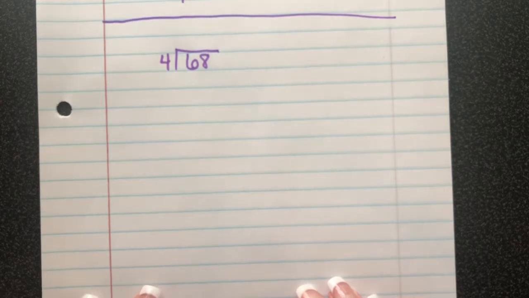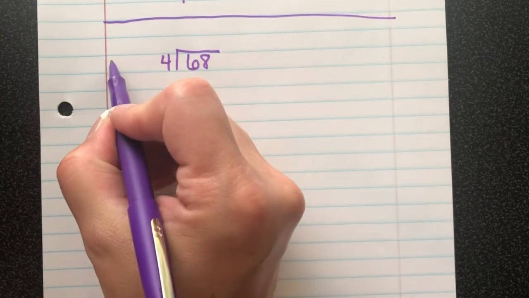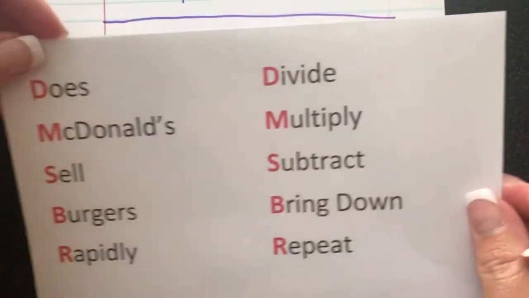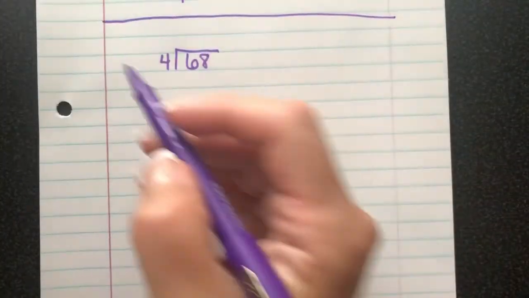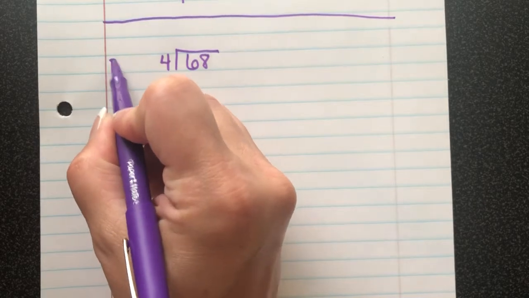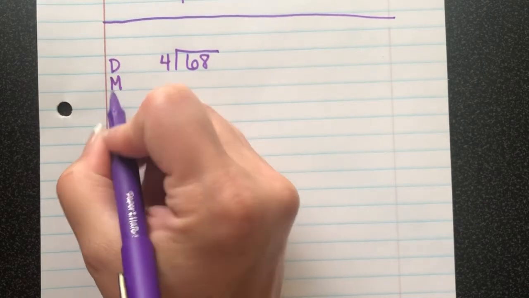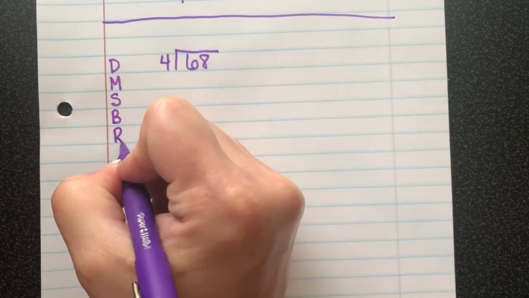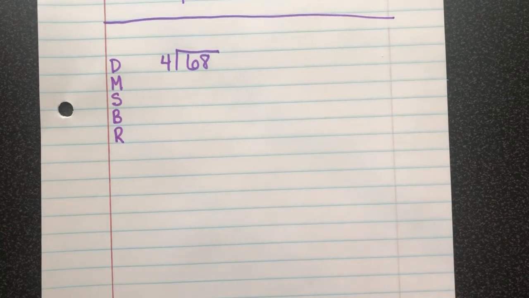Now, off to the side, I'm going to write my letters, and the letters are coming from here: does McDonald's sell burgers rapidly. And the more that you hear that, the more that you say that, the more that you see that, the faster it'll come to you.